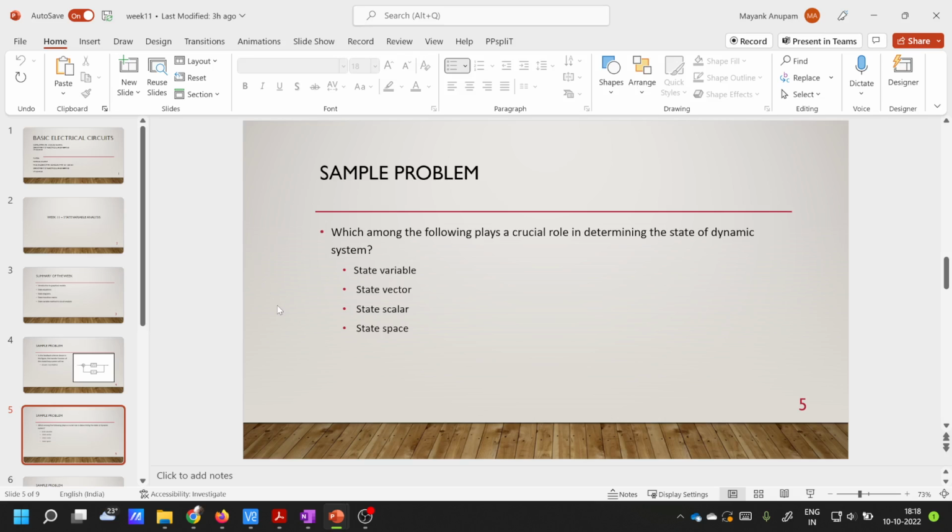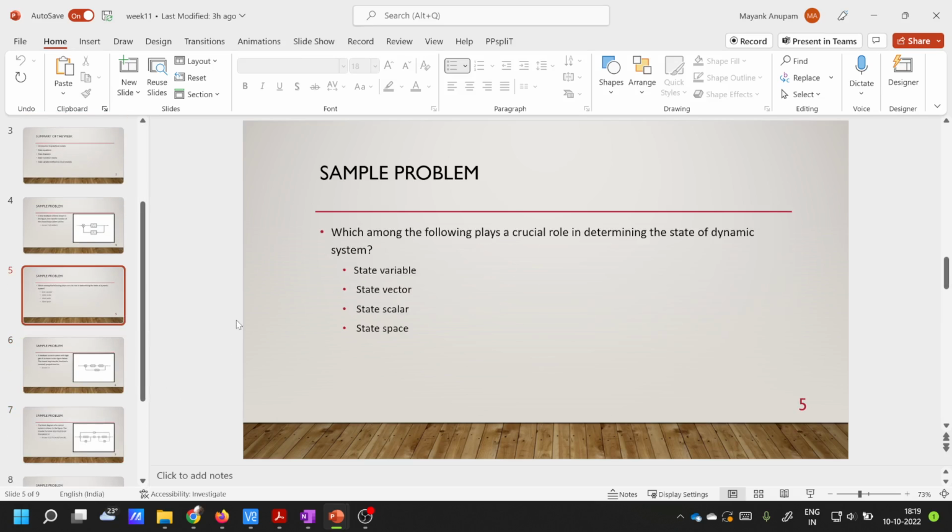If someone has my full biodata, everything that I've done till now, right from my birth, then he can say everything about me. That is what a state variable is: you can completely determine the state of a system if you know the state variables' values. So the answer to this question is state variable.